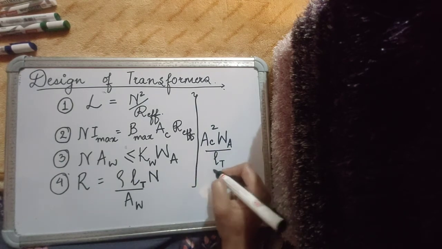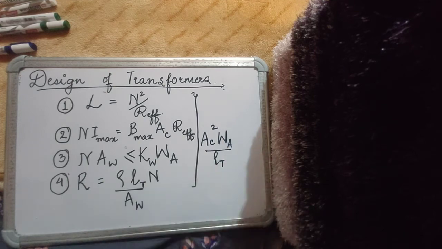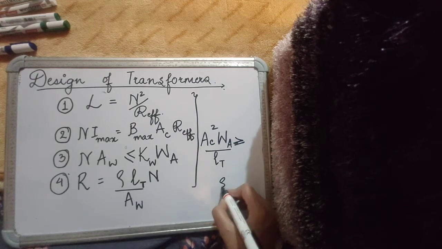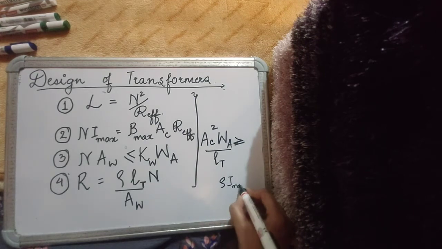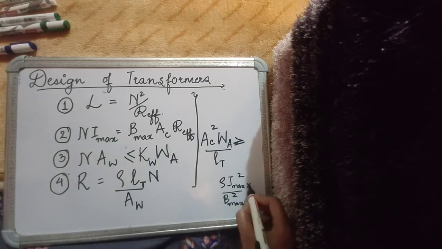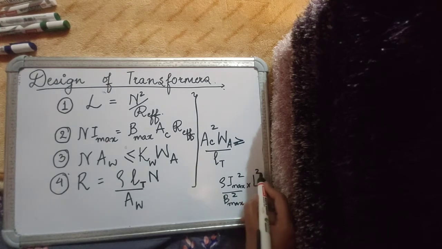Again, this depends upon the perimeter of the limb, and this should be greater than or equal to rho I max squared upon B max squared, times the desired inductance value squared divided by R, and then you have the window fill factor or the utilization factor.